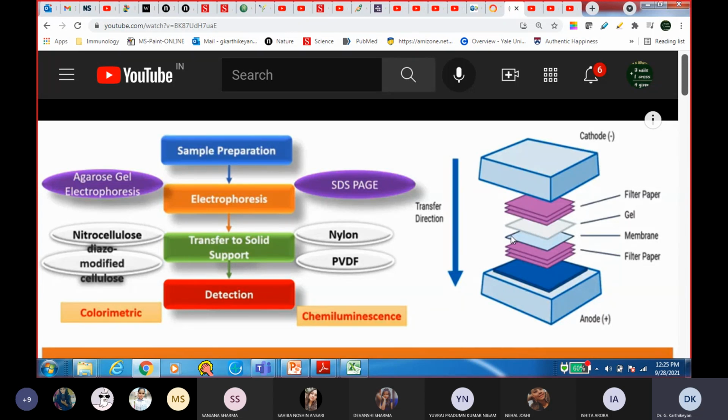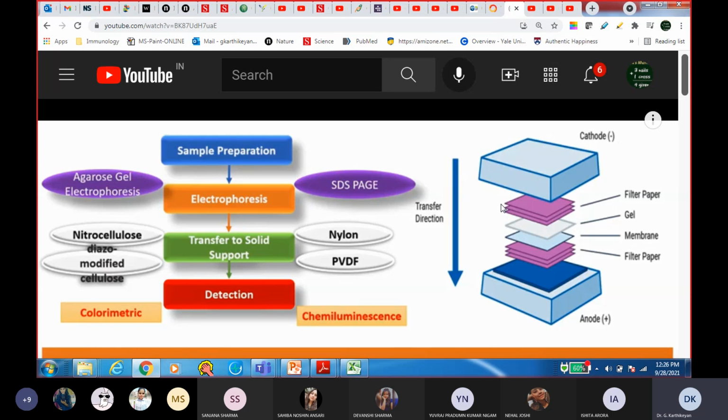But typically, if you look at it, this is a blotting apparatus, right? You will have a sample and a gel, and then you will have either your PVDF membrane or nylon membrane if it's a Western blot, or it could be nitrocellulose or nylon membrane if it is a southern or a northern blot. Okay, the rest of the apparatus remains more or less the same.